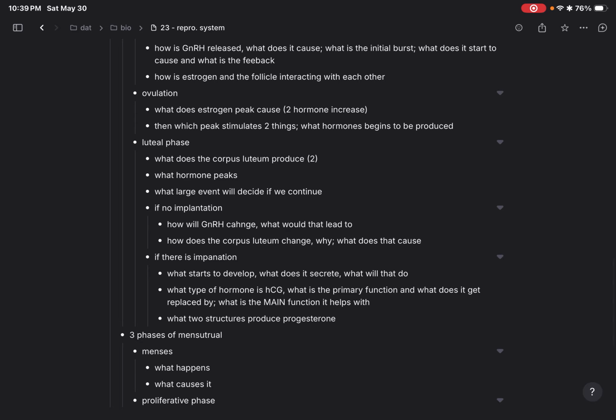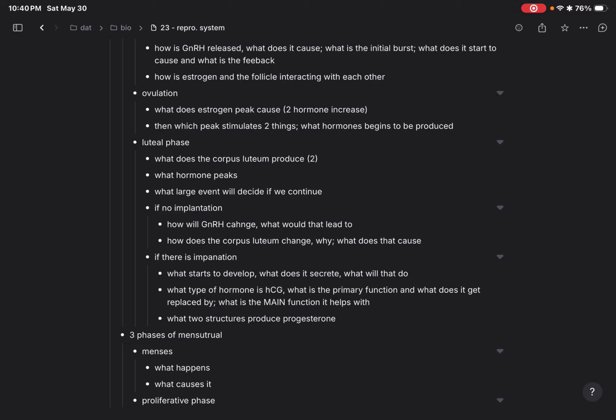What large event will decide if we implant or we don't implant? If there's no implantation, how will gonadotropin releasing hormone change? If there's no implantation, we don't need to keep it, right? So it'll repeat the cycle.